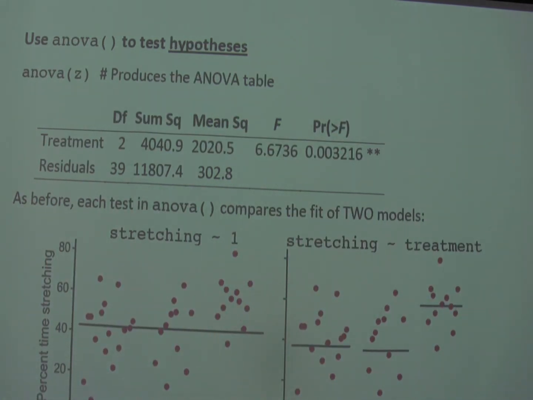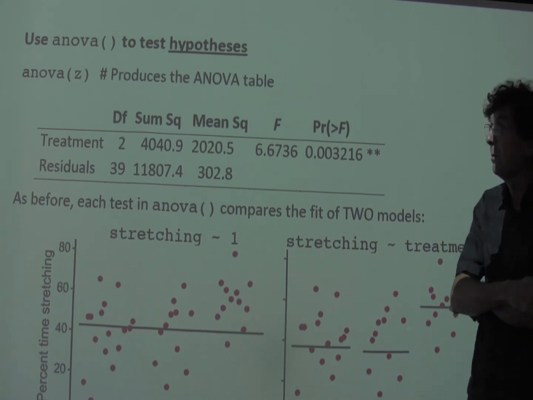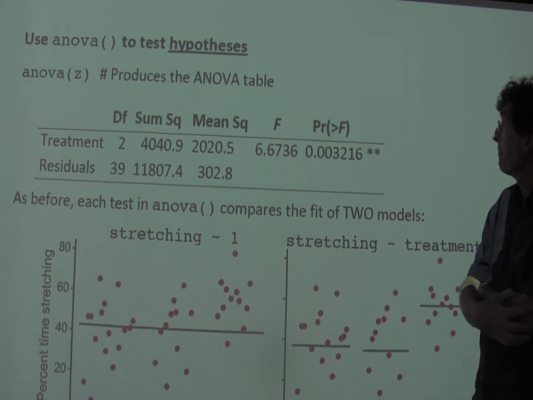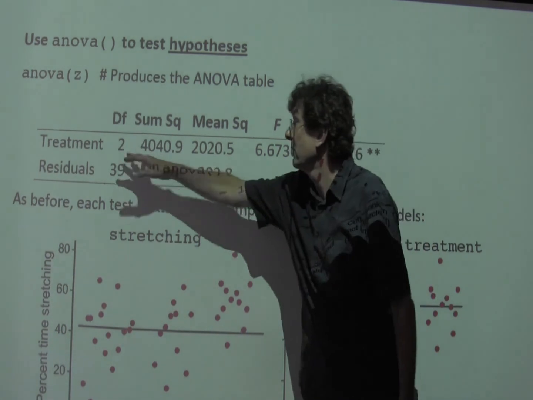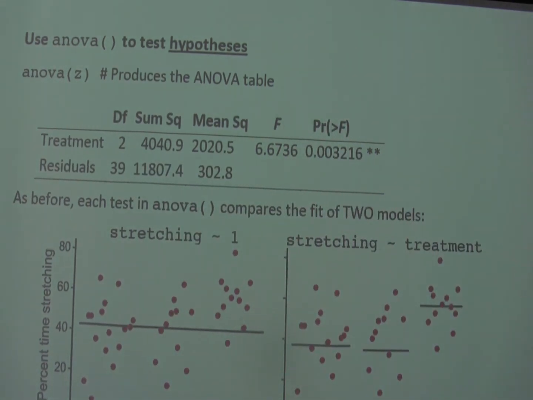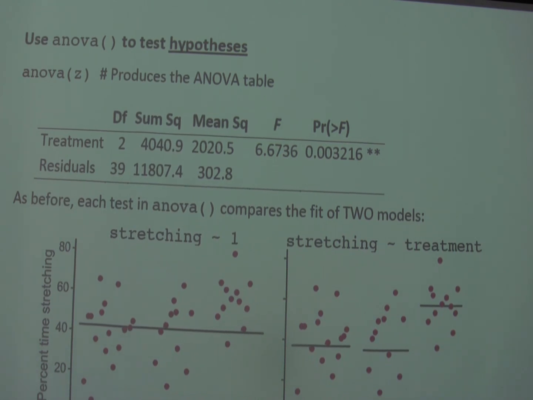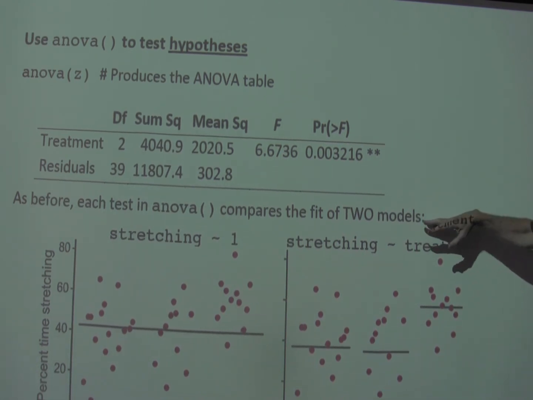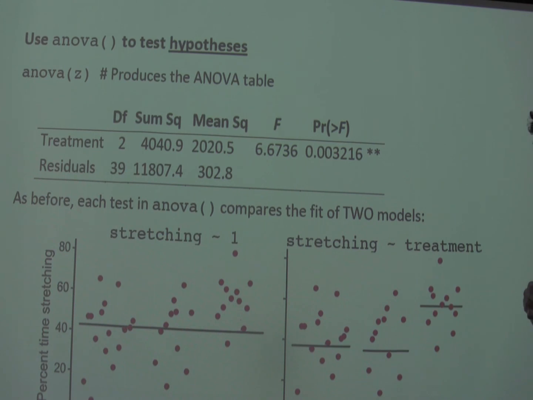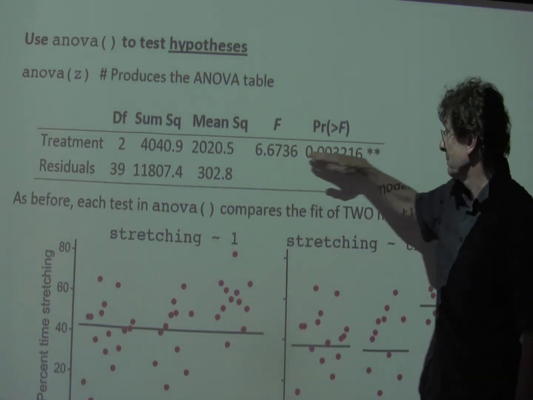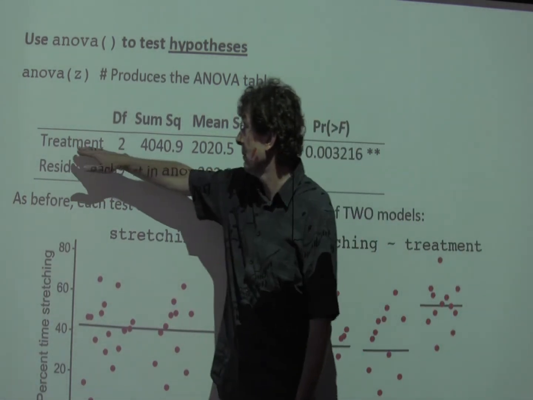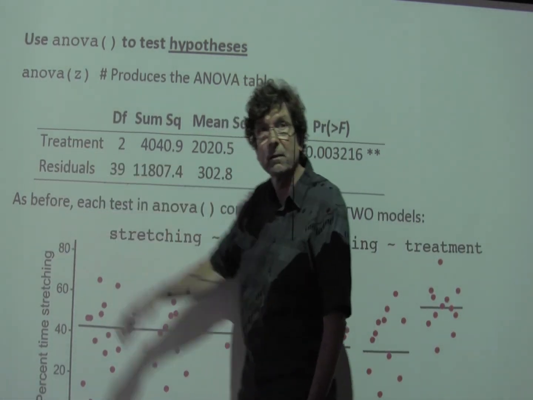I'll use ANOVA to test hypotheses, and this is what an ANOVA table would look like, which we'd all recognize. Here's the test of treatment effects, the p-value, and so on. Once again, as always, ANOVA has its own program of action, and it will always compare the fit of two models every time it tests a term. This particular test involves comparing a full model, which includes treatment, and a reduced model that drops it.